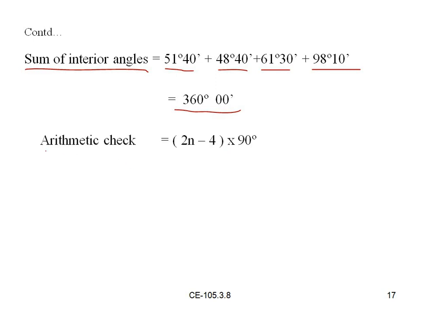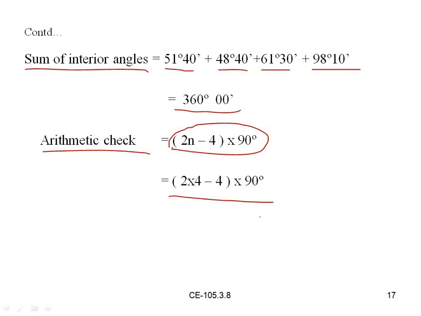Next we have to apply the arithmetic check, that is (2n minus 4) times 90 degrees. This is for the included angle method. If you do this, we will get 360 degrees. This is the arithmetic check, to check the 360 degrees total.